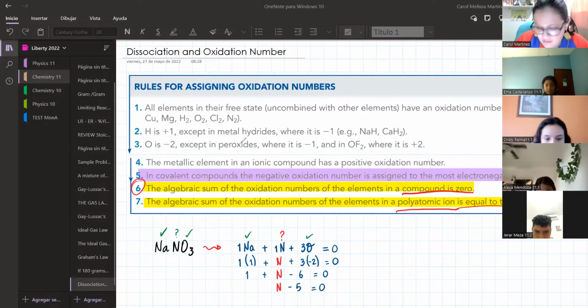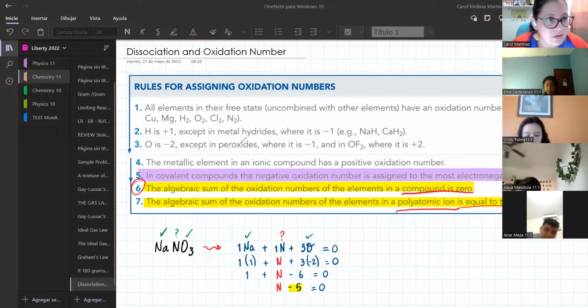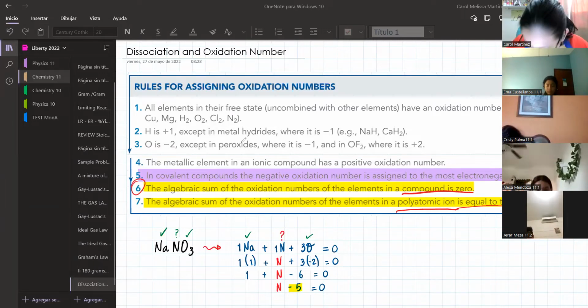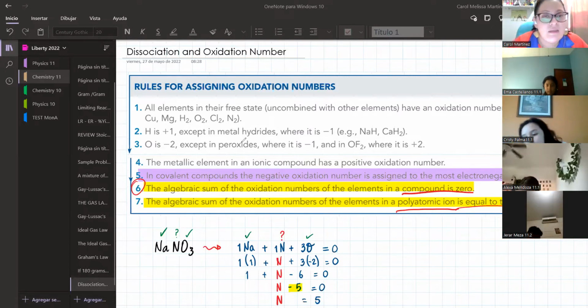And to find this 5, you're going to isolate. Subtracting, we'll go to the other side to add, okay? So nitrogen will be equal to +5. That's the normal method that I teach, okay, for calculating oxidation numbers.